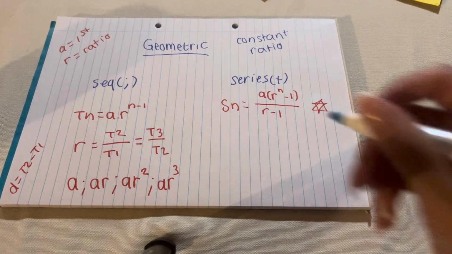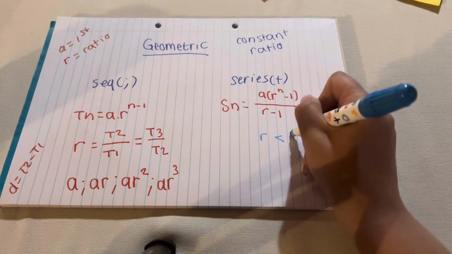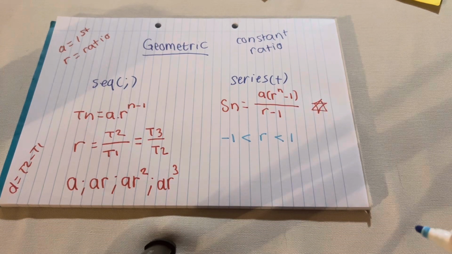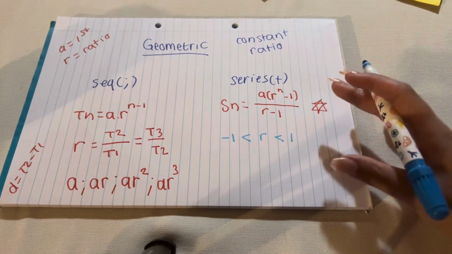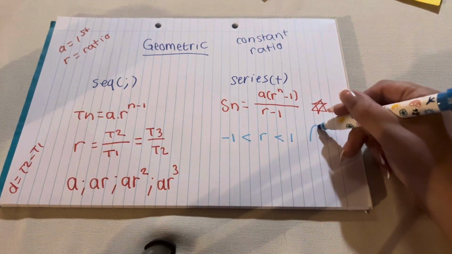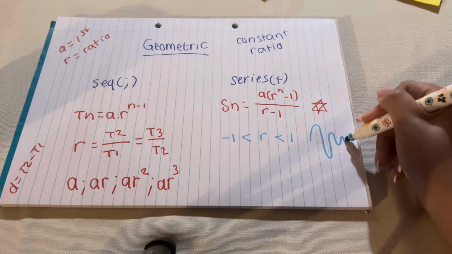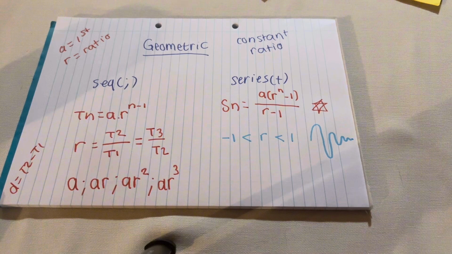If you have a ratio value which is less than positive 1 but greater than negative 1, so it's somewhere in between, it's going to cause your geometric sequence to fluctuate like this, almost until it reaches like a flat line, like equilibrium, to the point that these positives and negatives are going to become obsolete.